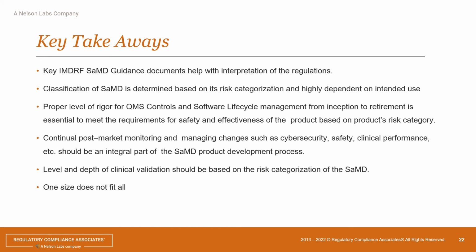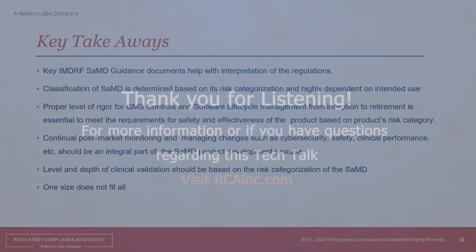I want to take all of those things that impact my performance or safety, bring them to my hazards analysis, and make sure I have mitigations for them. Just keep in mind that one size does not fit all, and we can have different ways depending on what the risk is. With that, I think we're going to go to questions and answers.